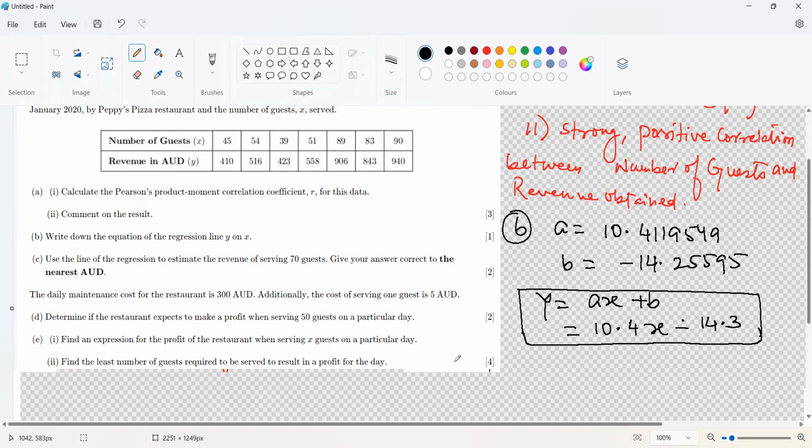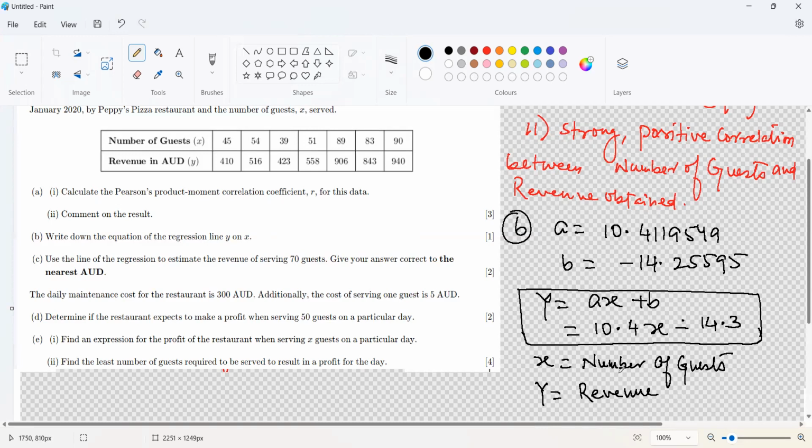Use the line of regression to estimate the revenue of serving 70 guests. Give your answer to the nearest AUD. So X here is the number of guests. Y is the revenue obtained.